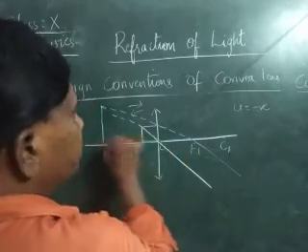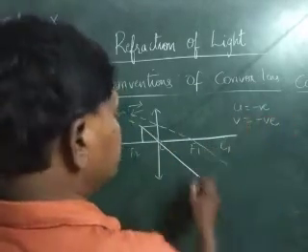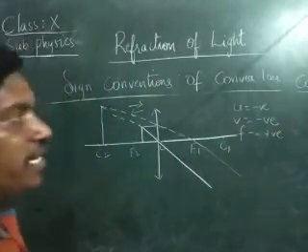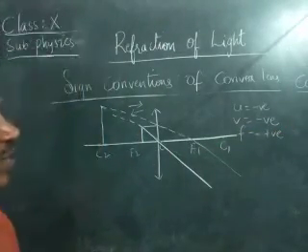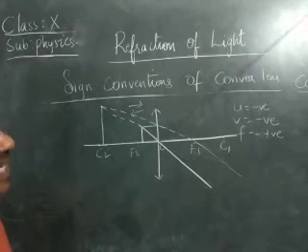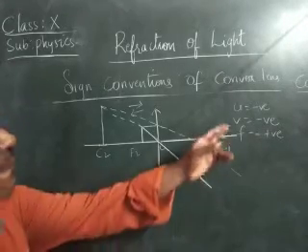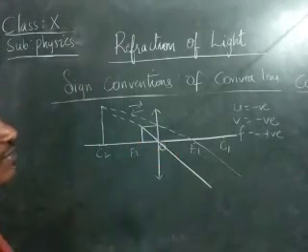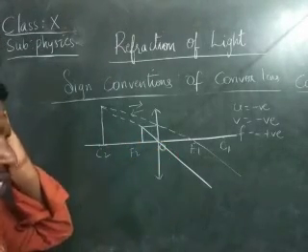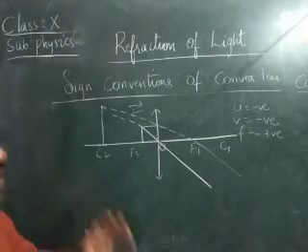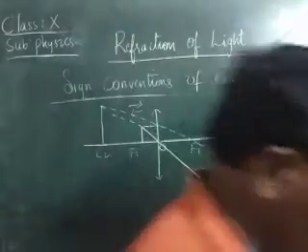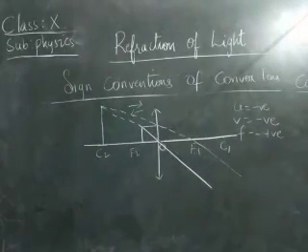Where is the image? Here v is also negative, but F is F1, which is positive. So when the object is in between O and F, u is negative, v is negative, and f is positive. You should remember these properties, compulsory, children.